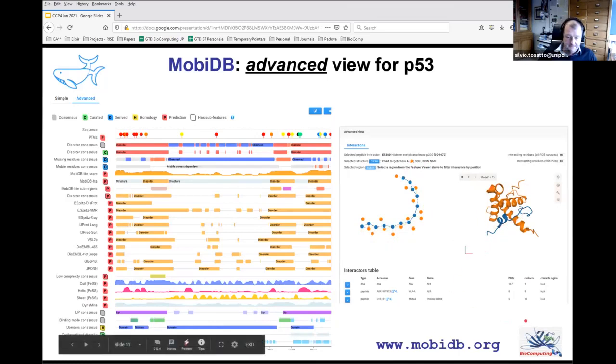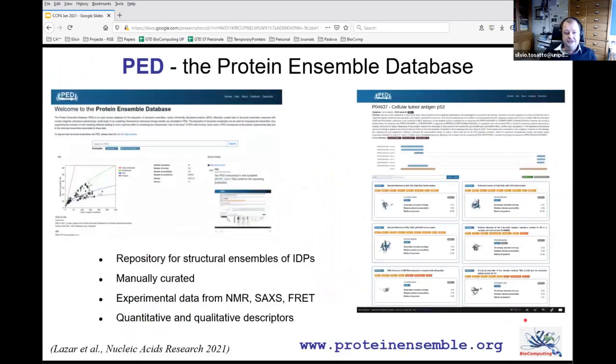So finally, I would just briefly like to mention another database which we have recently renovated, which is PED, the Protein Ensemble Database. And this takes a different view. Here, we're really looking at the structural ensembles which have been experimentally determined via NMR, SAXS, or FRET.